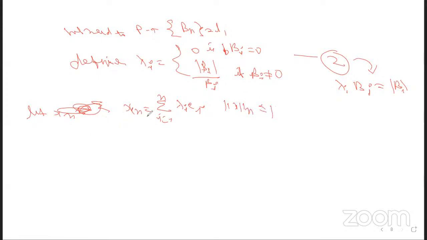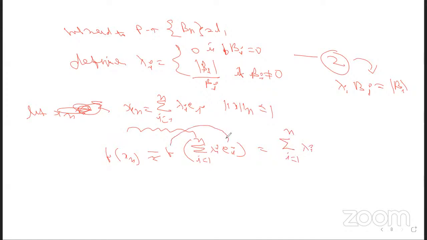Further, we'll apply the f function on both sides. f of x n can be written as f of sigma i equal to 1 to n lambda i e_i. Again, this can be written by taking f inside: sigma i equal to 1 to n lambda i f of e_i.